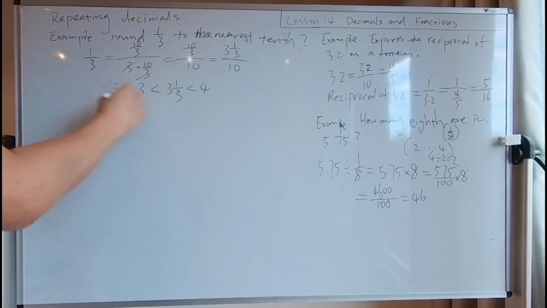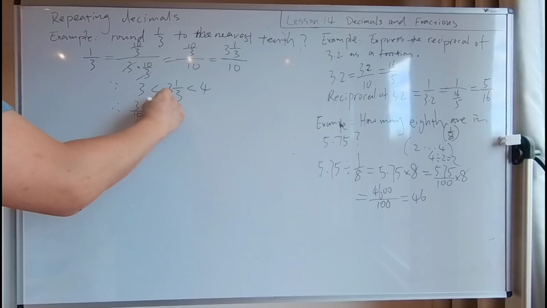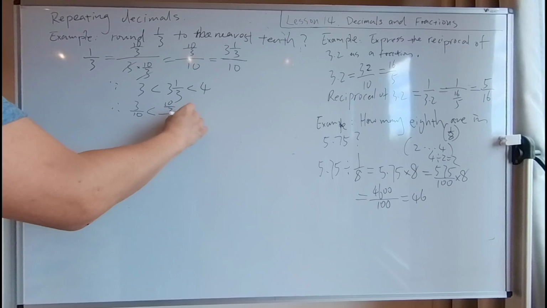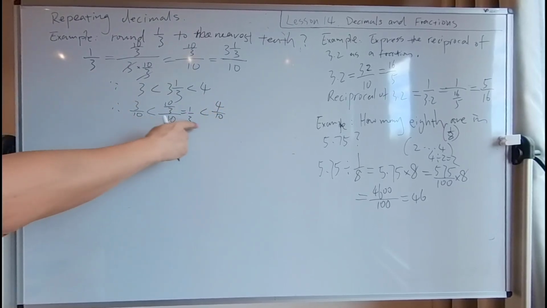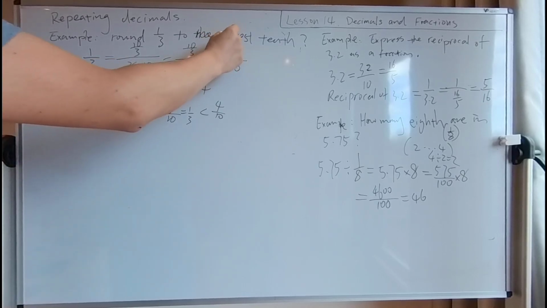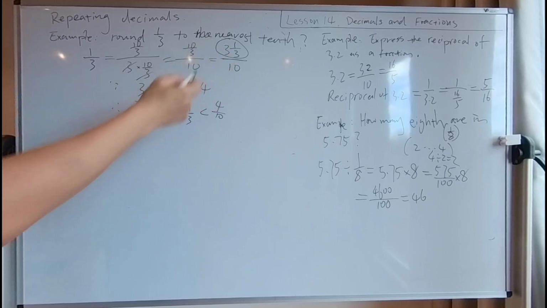So that the original number 1 over 3 is between 3 over 10 and 4 over 10. By looking at this number, I know it's between 3 and 4, but this number should further be divided by 10.